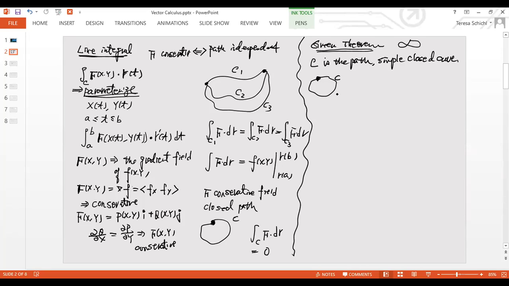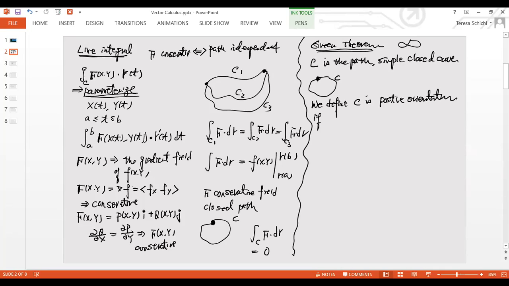Now we define C as having a positive orientation.